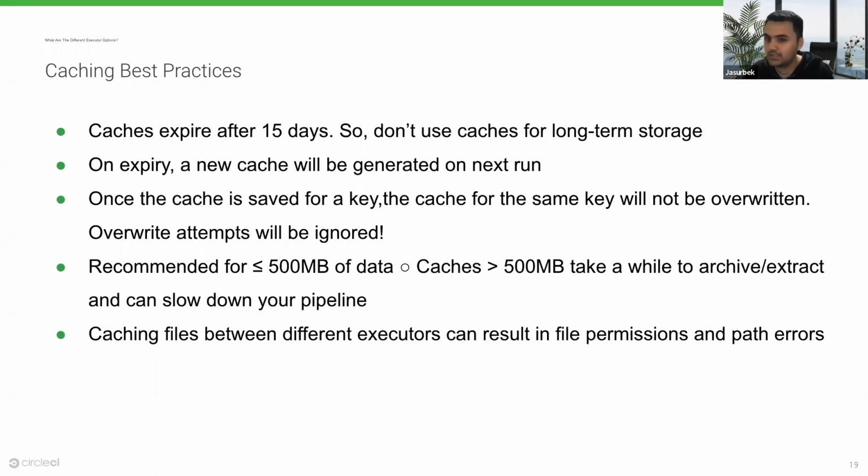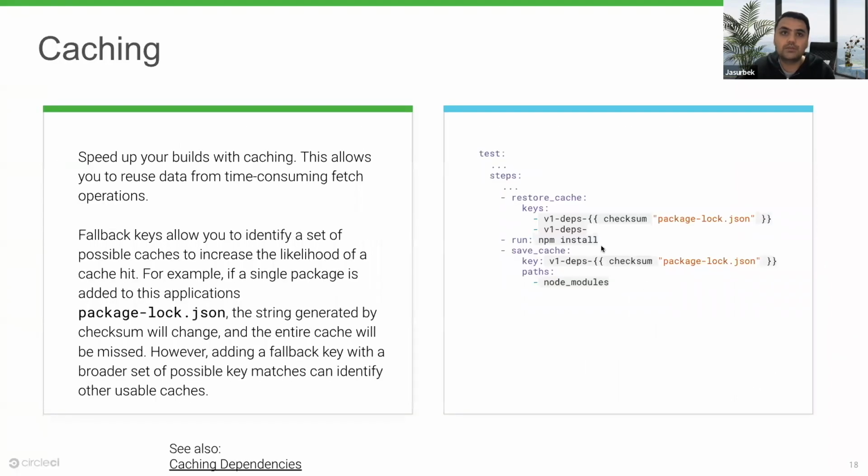So we would suggest not to cache between different executors. Or if there's a chance it's going to change, you can cache the data with an architecture tag. Here, for example, just after v1 deps, you can add the architecture tag, and the cache is stored based on the architecture. So when the job runs, it checks the architecture first, and based on that, it gets the data.